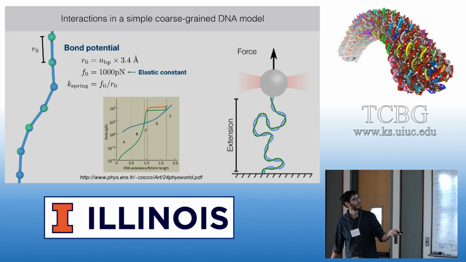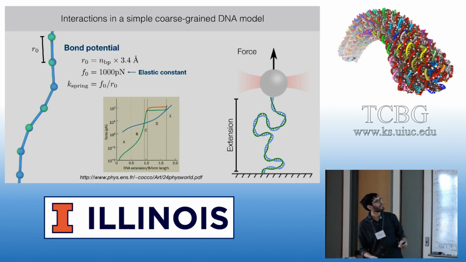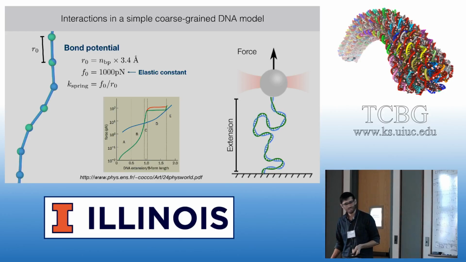green curve here. The regime that we would be interested in matching for the spring constant will be when the DNA is pretty well stretched, but not stretched so strongly that it's melting. If you put a large force on the DNA, the strands will actually separate, and we don't really want to build that phenomenon into our beam model.